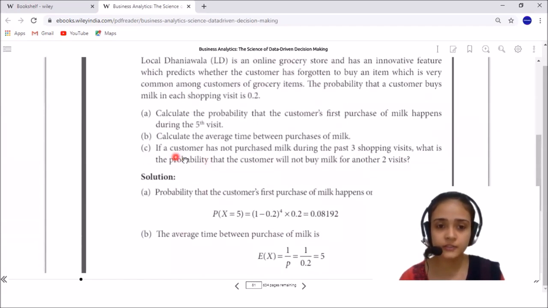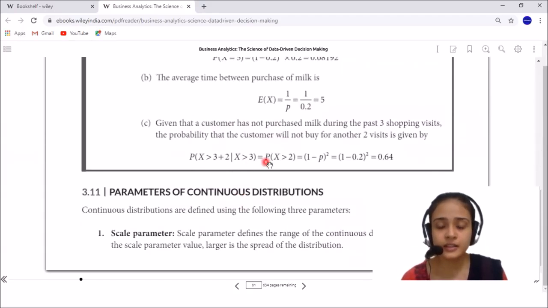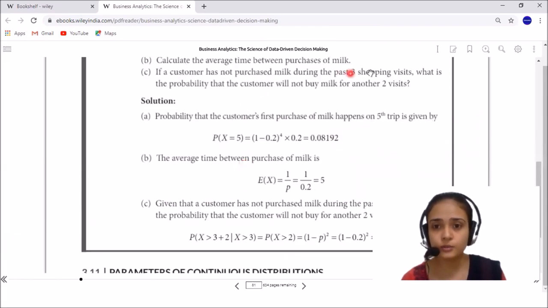The third one is, if a customer has not purchased the milk during the past 3 shopping visits, then what is the probability that the customer will not buy the milk for another 2 visits? So this event has already occurred, that x is greater than 3. So the customer has not purchased the milk during the past 3 shopping visits. It means this particular event has already occurred and I want to add 2 more visits. It means 3 plus 2.